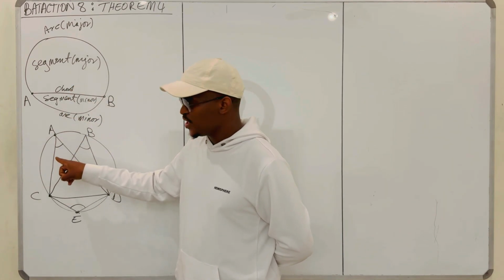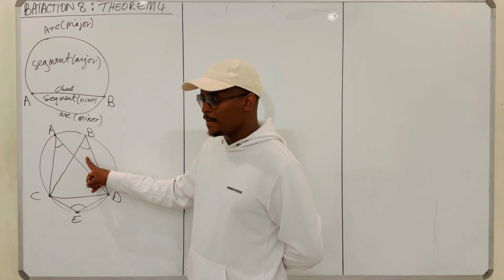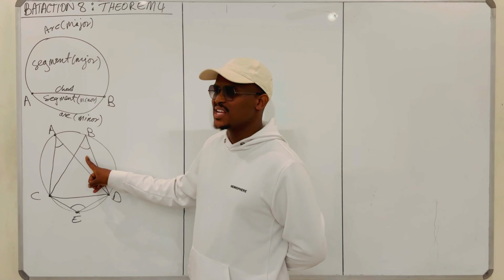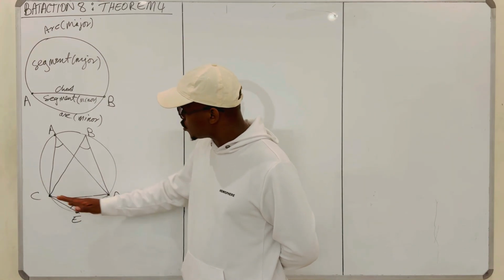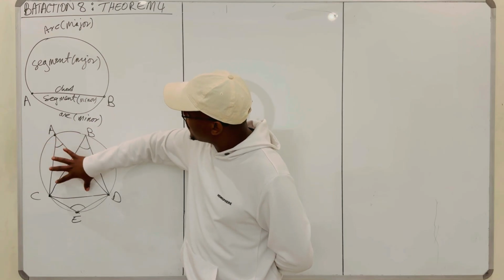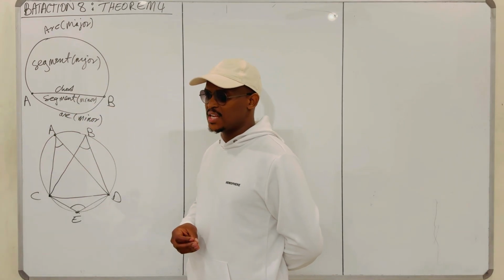Are you with me? So you have CD as your chord, subtending angle A and angle B. A and B are angles in the same segment. They are subtended by the same chord, which is CD. CD is subtending them on the upper segment, which is the major segment. So A and B are the angles that are subtended in the same segment. Are you guys following? Yes.